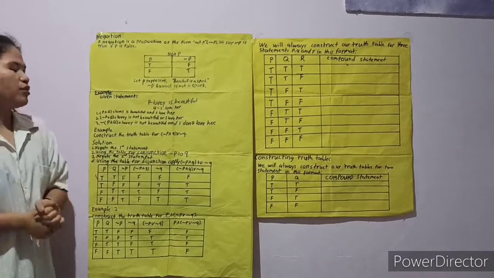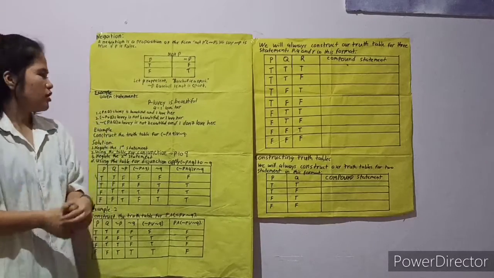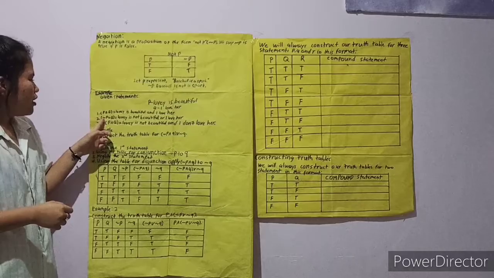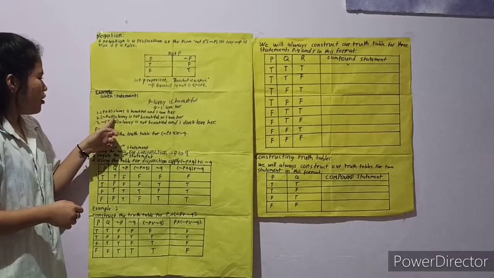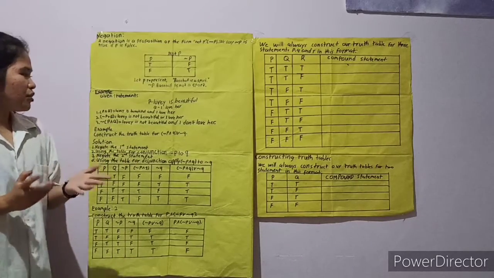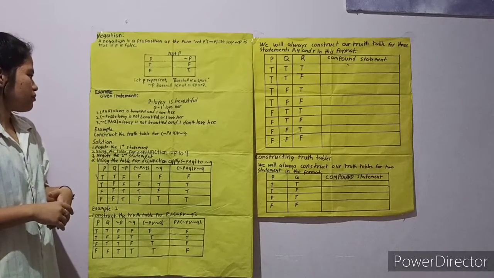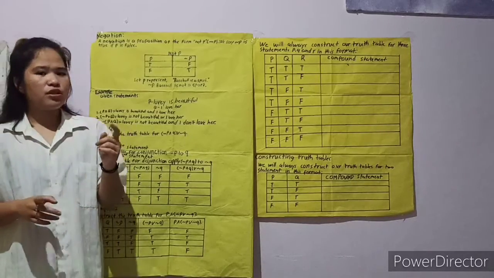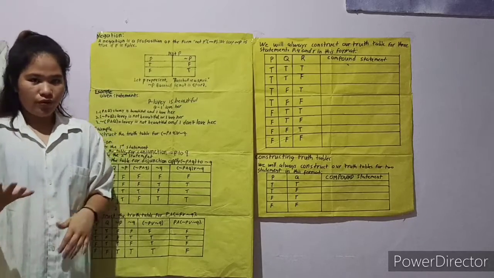We have used the symbol for and. Next, not P or Q: lovely is not beautiful or I love her. We have used the connective words not and or.